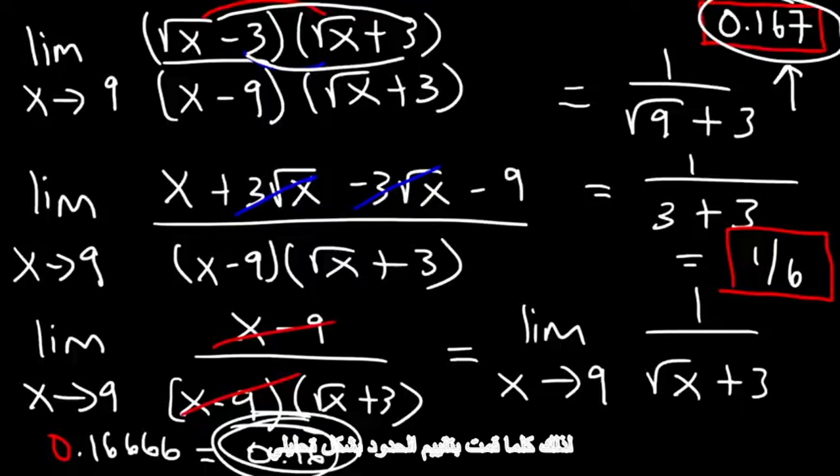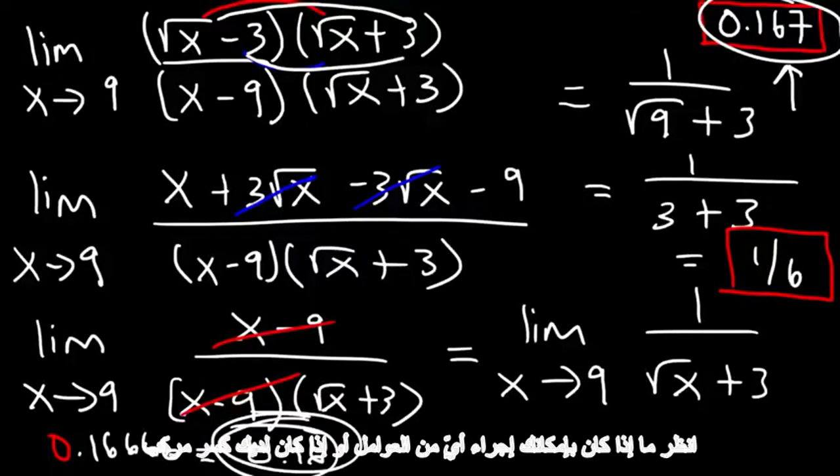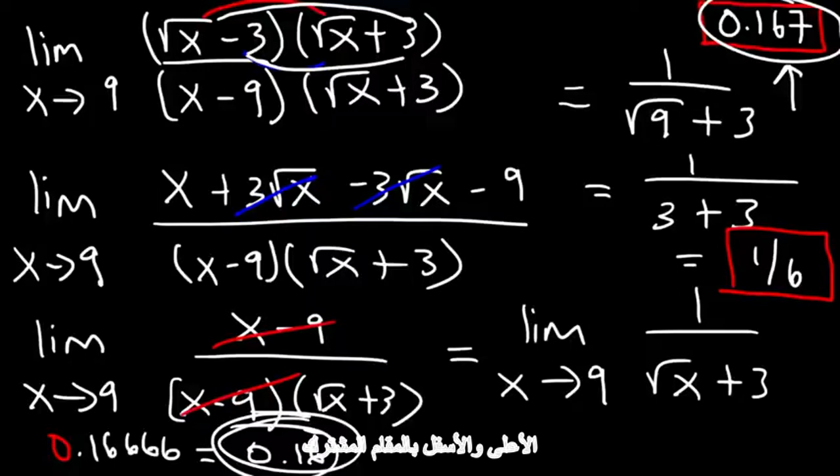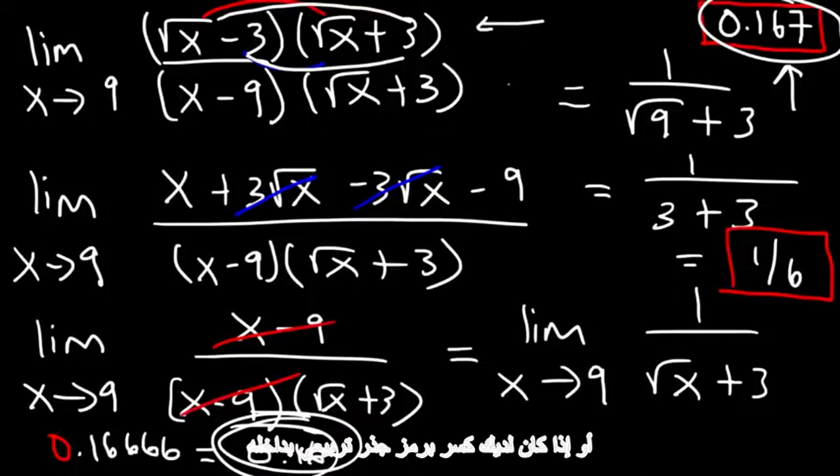So whenever you're evaluating limits analytically, see if you can factor, or if you have a complex fraction, multiply the top and the bottom by the common denominator, or if you have a fraction with a square root symbol inside of it, multiply the top and the bottom by the conjugate of the square root factor.